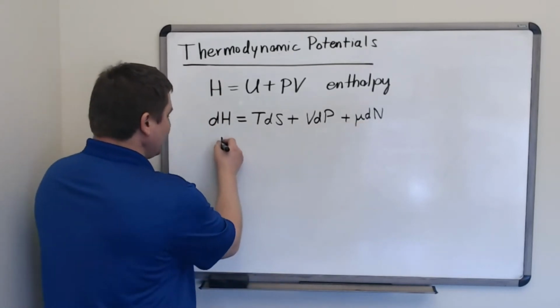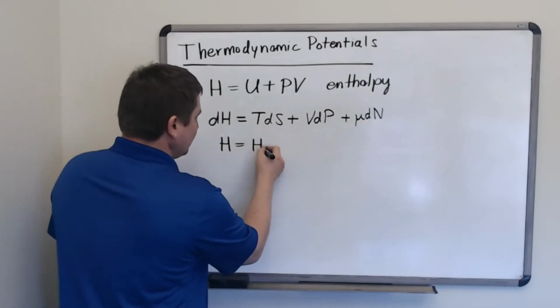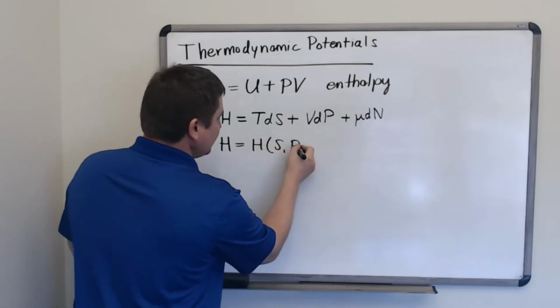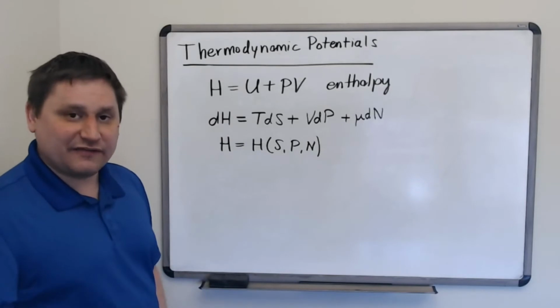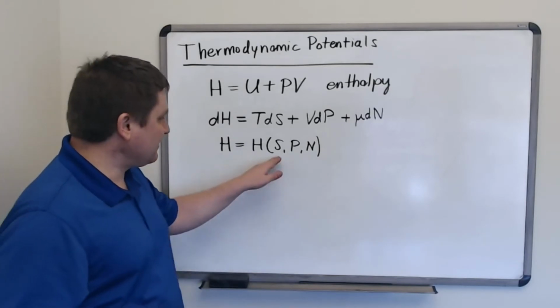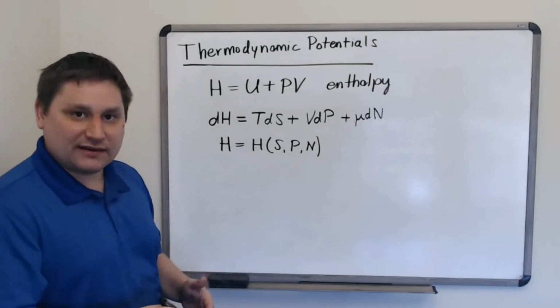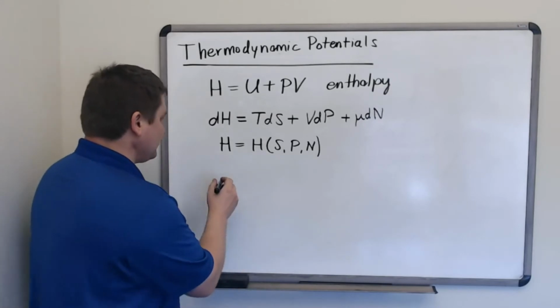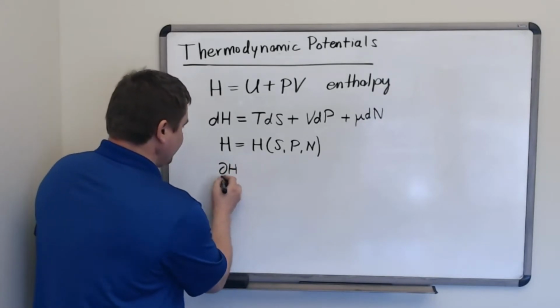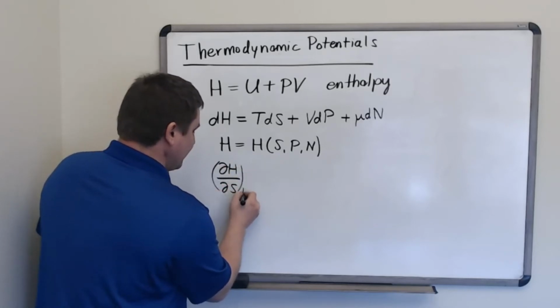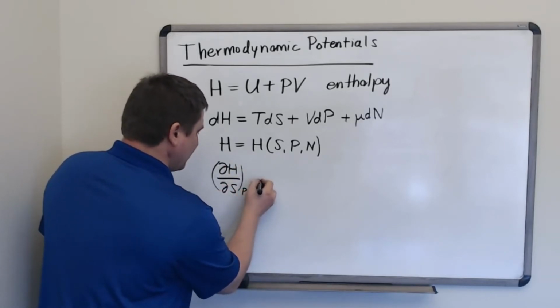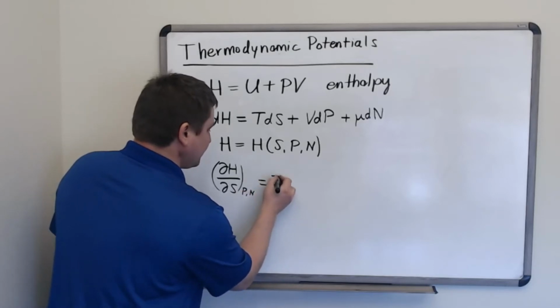So the natural variables of the enthalpy are S, P, and N. And if we take derivatives of the enthalpy with respect to these quantities, we will get the conjugate variables. dH dS, while holding pressure and particle number constant, gives us the temperature.